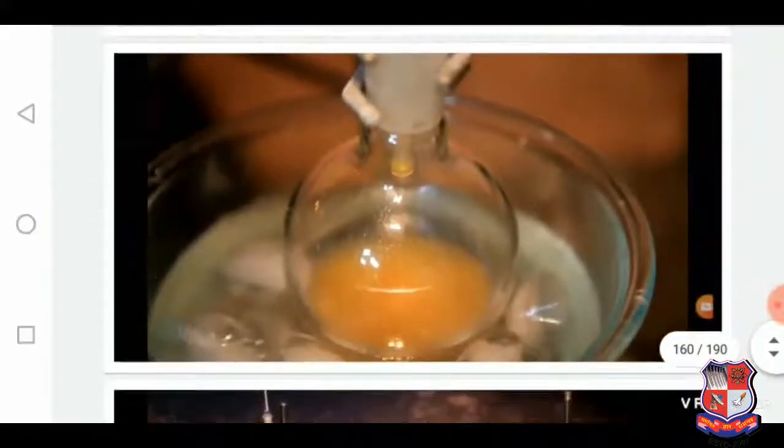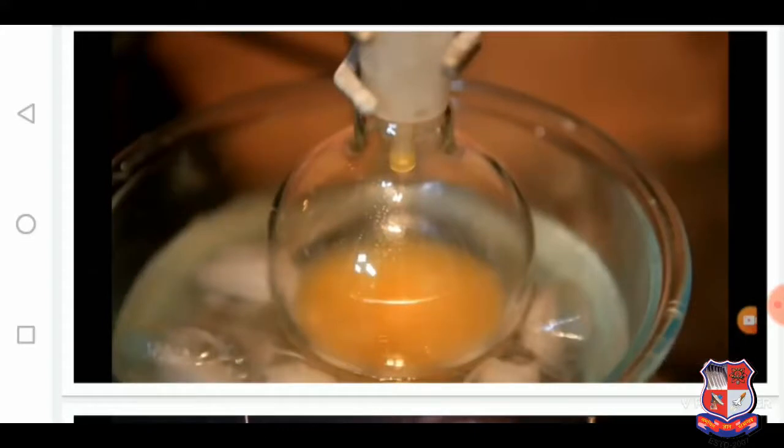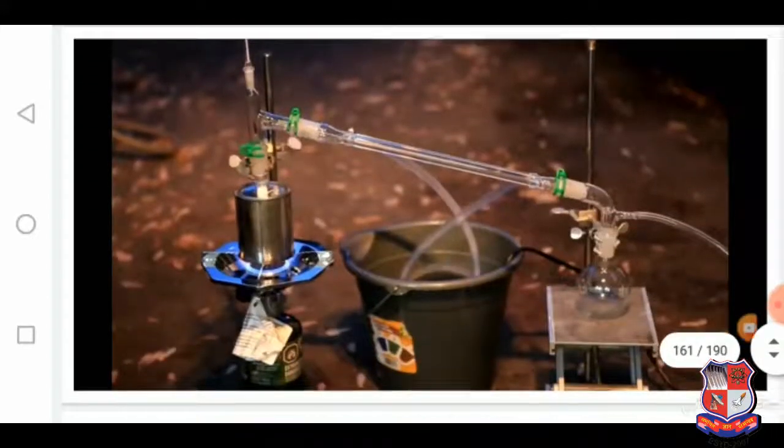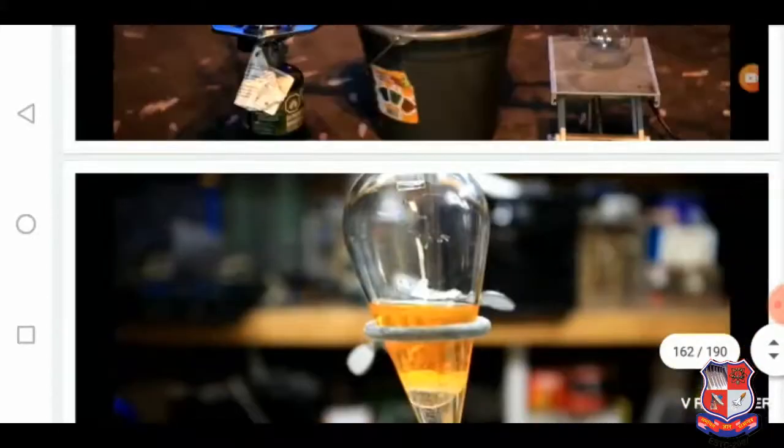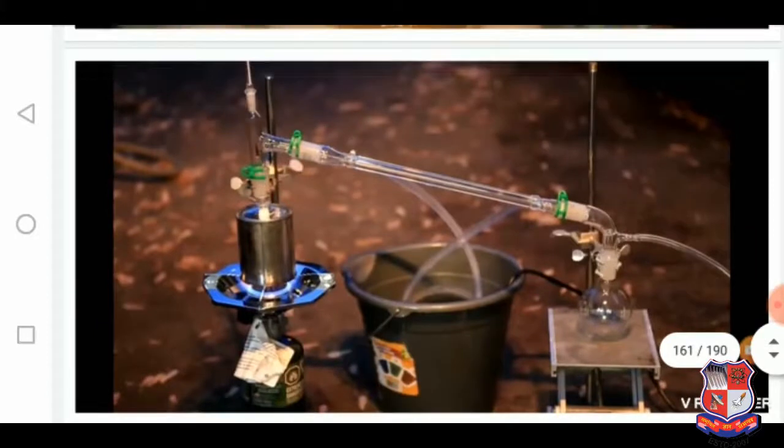These are the purification techniques for solids using the normal funnel and Buchner funnel. So this is a real example of the synthesis of benzene. Before and after completion of synthesis, this is how the benzene looks, and this is the assembly for the synthesis of benzene.